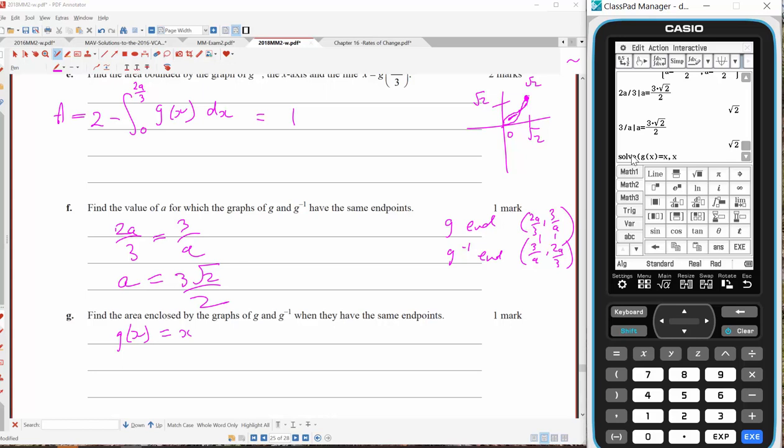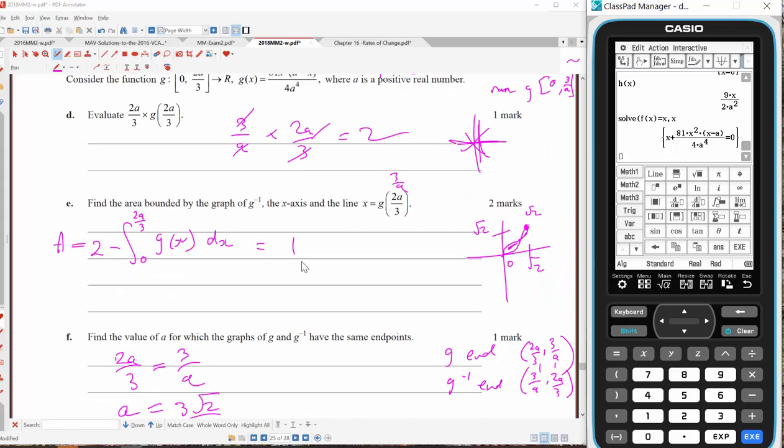Solve g of x equals x for x. I'm using h of x. h of x equals x. What's h of x? Oh God, I've forgotten what function I'm using. Solve f of x, the cubic, equals x. Oh my God, what is going on here? What am I solving?